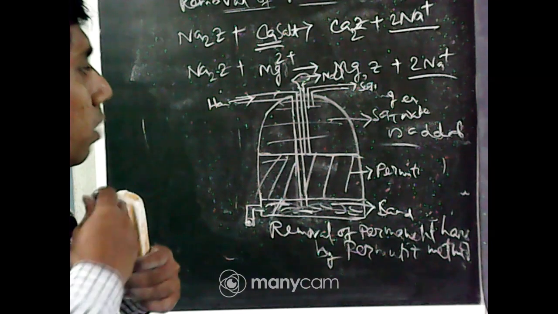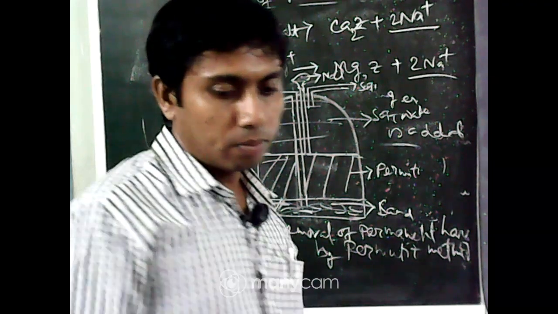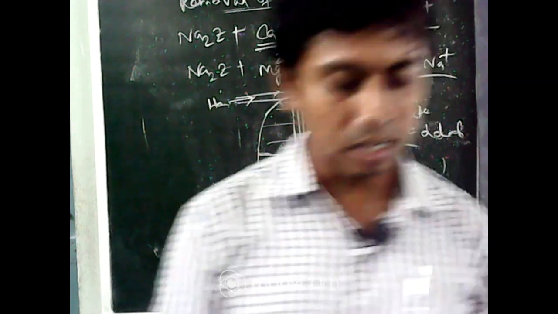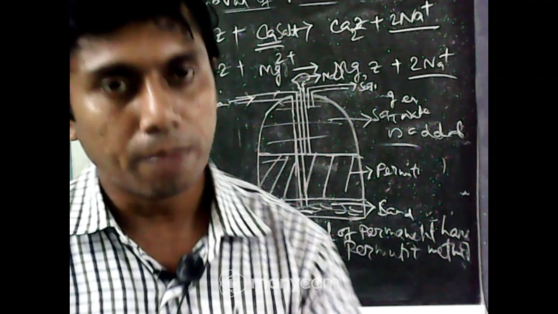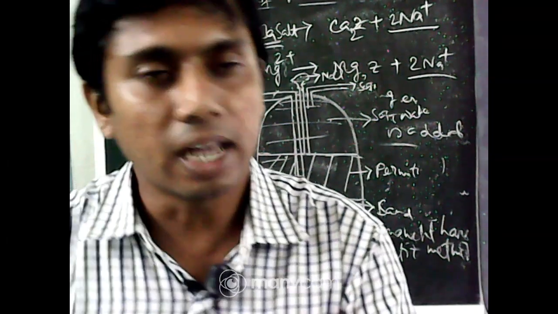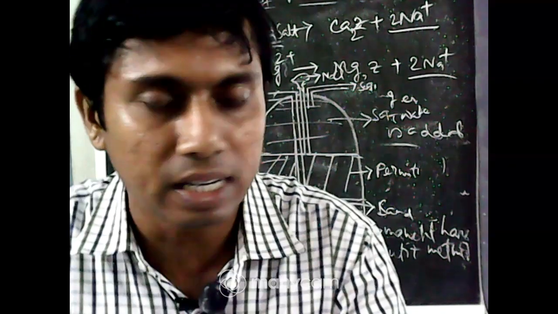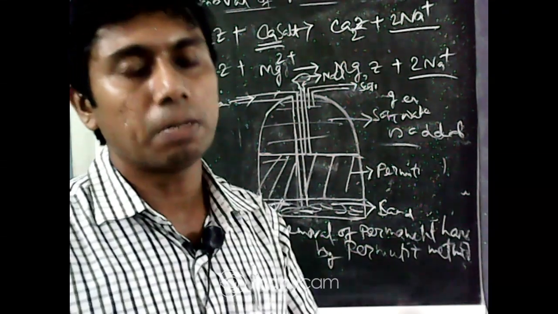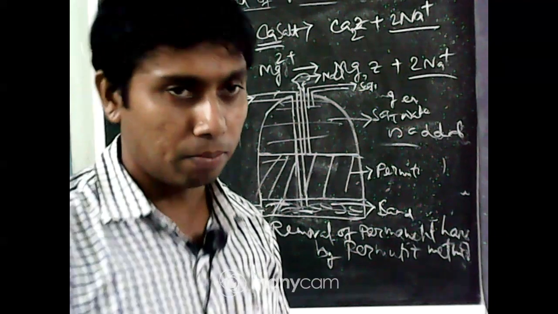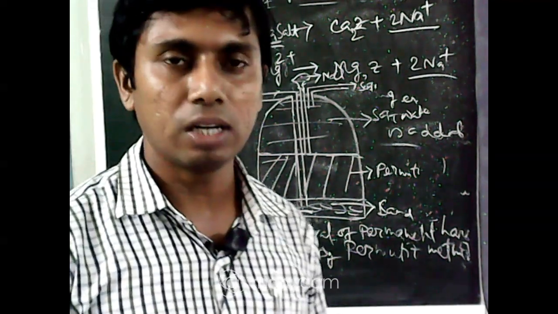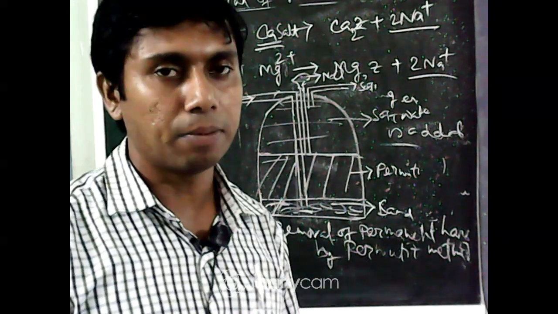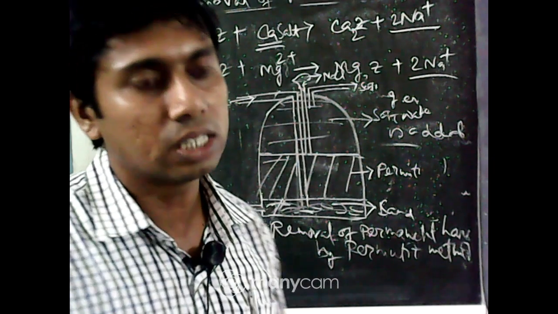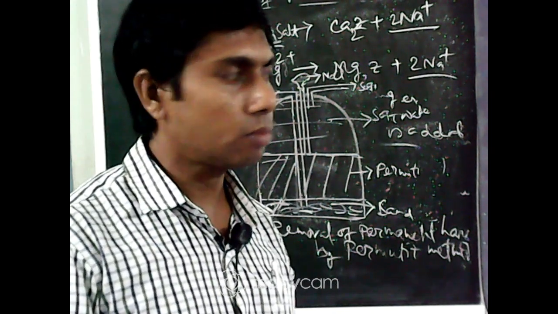Next, permanent hardness is due to the presence of some chlorides and sulphates in the water sample. Temporary hardness can be removed by boiling and then filtration, and the reaction is that calcium bicarbonate produces calcium carbonate plus CO2 plus H2O. If magnesium bicarbonate is there, then it will form magnesium carbonate. These carbonates are insoluble in water and are deposited at the bottom of the container.